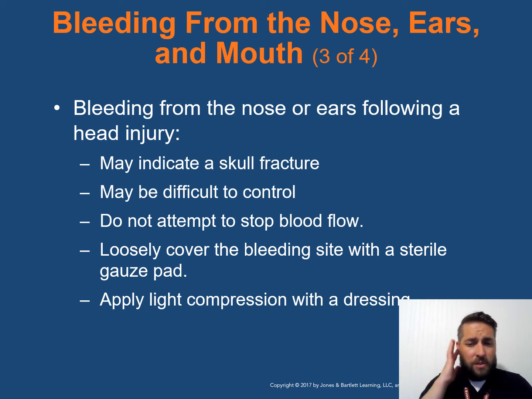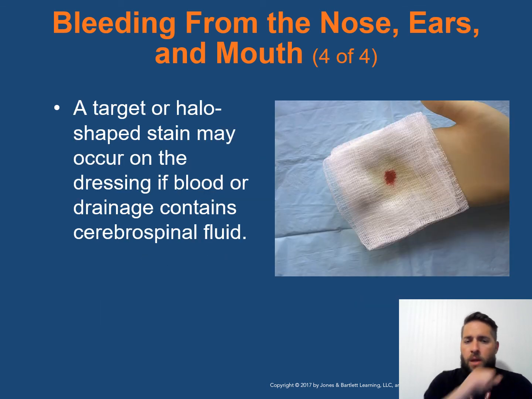The best you do is put a loose bandage over top of it. It says do not stop the blood flow. The biggest reason is that you don't want it to clot up and potentially do damage to the eardrum and such. So we should apply a light compression.